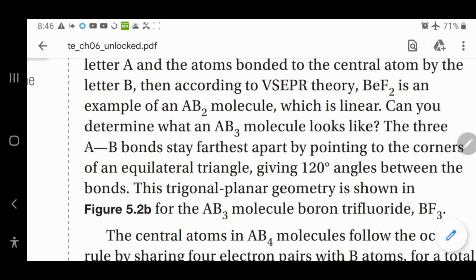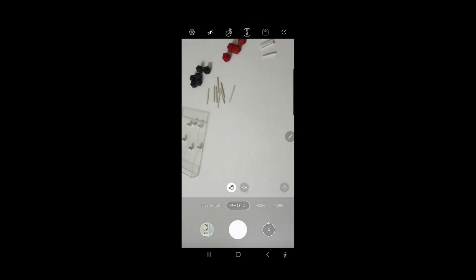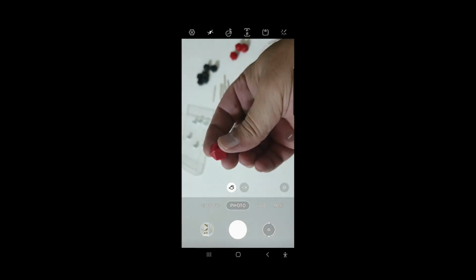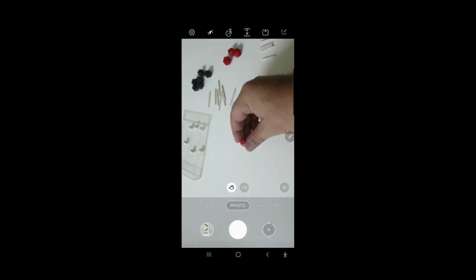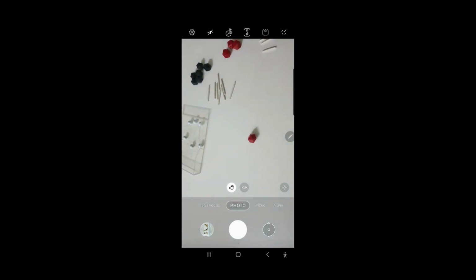And if we're going to talk about the shape here, this is, for example, the central atom, and excuse me because I'm using only one hand.